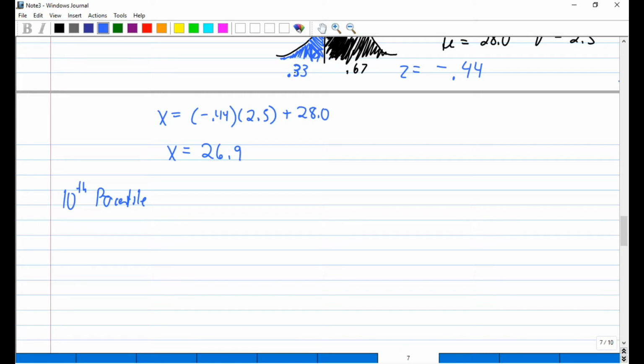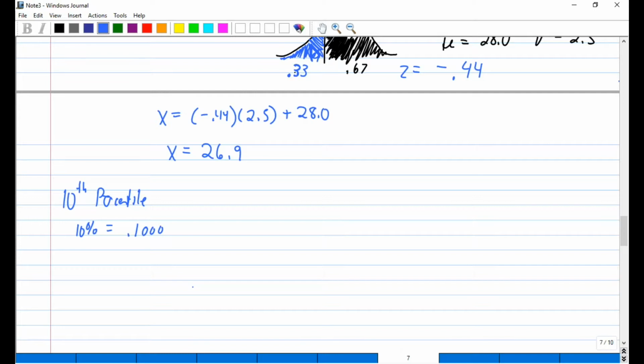It may not be exactly 0.1000, right? Because percentage-wise, the 10th percentile is 10%, which is 0.1000. And so as close as we can get to that, do you see the closest number? Because that's tenths, hundredths, thousandths. It goes to 10 thousandths in this table.